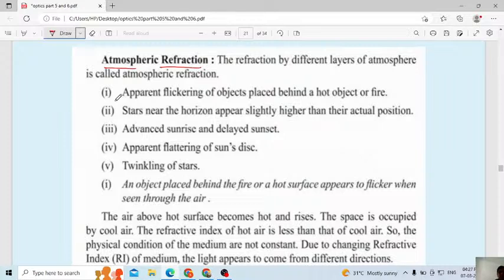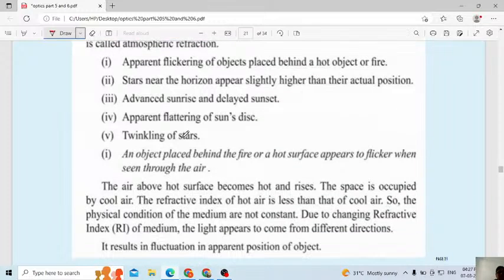Then stars near the horizon appear slightly higher than their actual position. Everything I will explain in detail. First I will tell the examples. Third one, advanced sunrise or delayed sunset. Why it happens here. Then apparent flattening of the sun disk, twinkling of stars, everything happens because of atmospheric refraction. Let us study one by one in detail how it occurs.